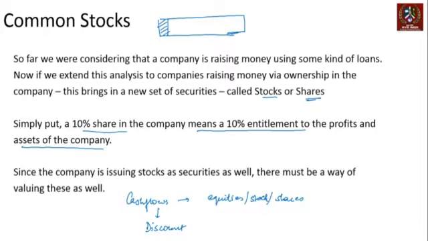We need to find out that if someone holds this security, what is the cash flow that will come to them? Now, once someone holds a security, whether it is a stock or a bond, we are not bothered about what kind of security it is.